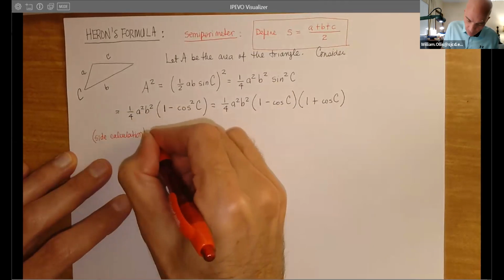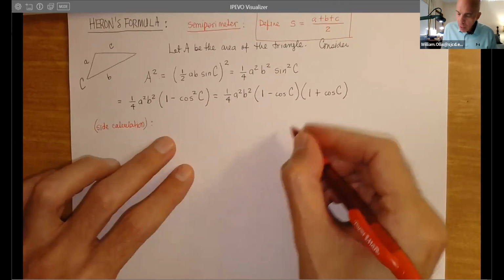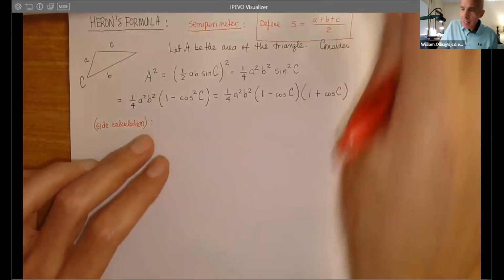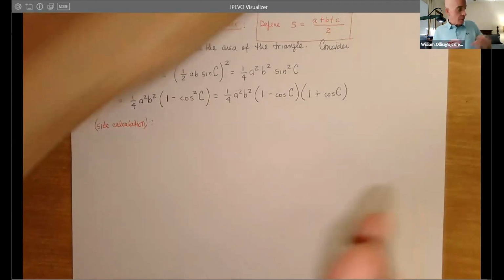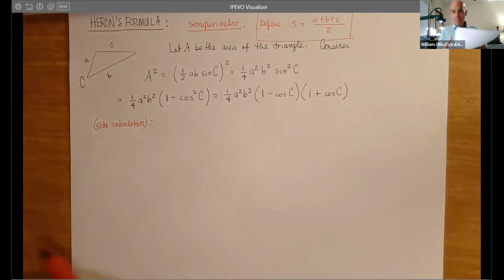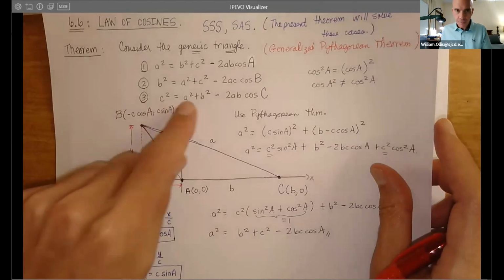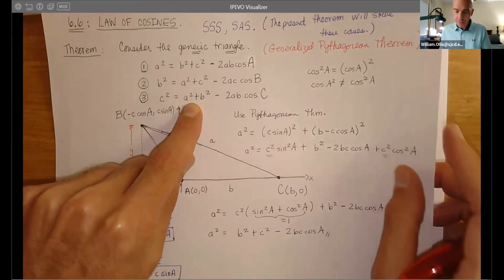So what do we know? Well, we know the cosine C. Let's see, where's that formula that we just derived? Right here. So let's use number 3.